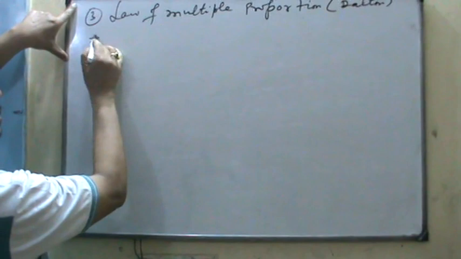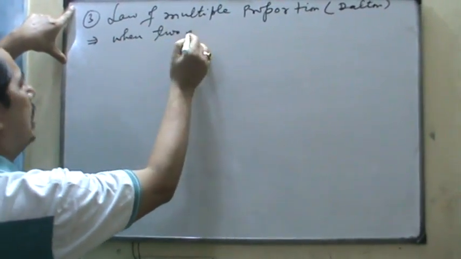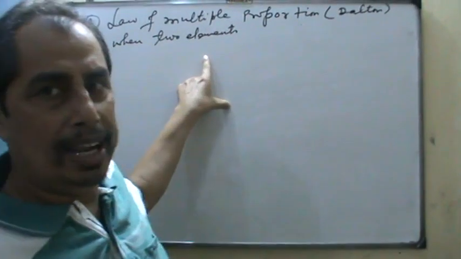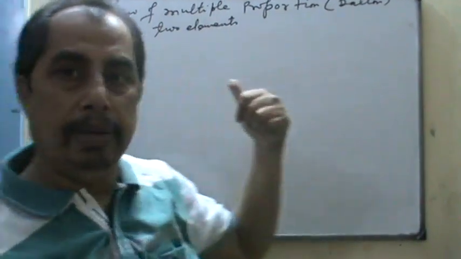According to this law, when two elements, write down properly everyone, make a note in a systematic manner, it is important for your paper.